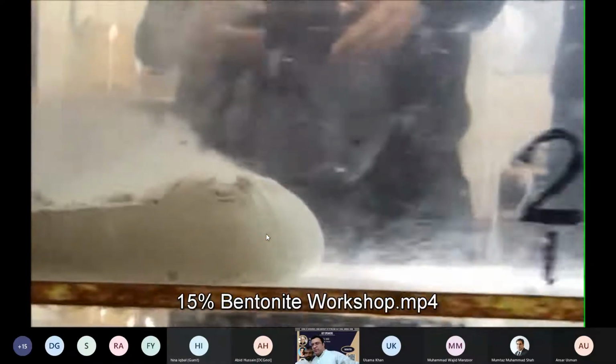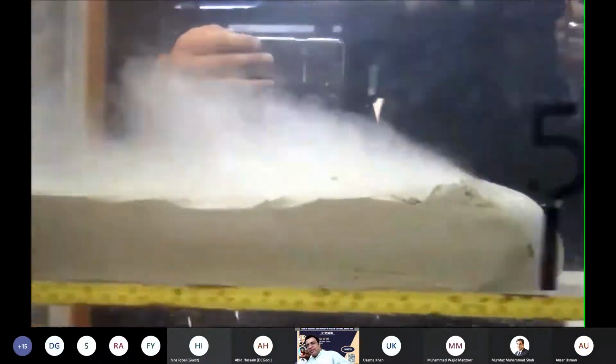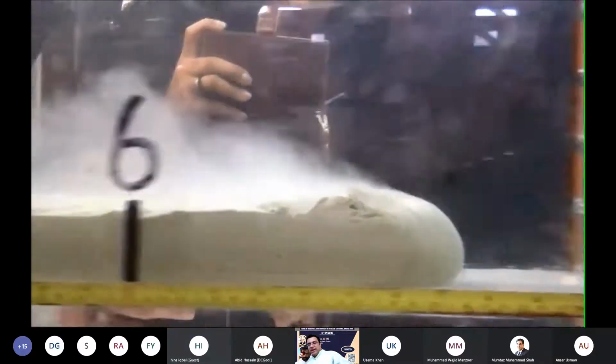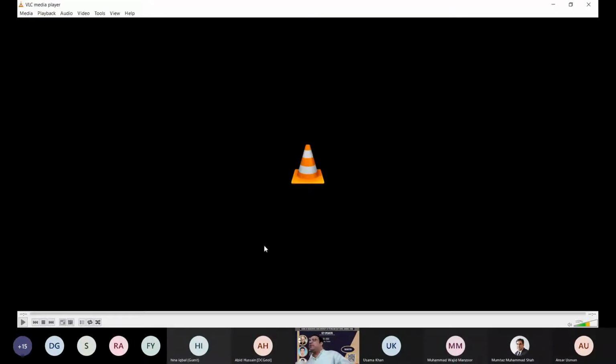So with 15% bentonite, it's fairly less mobile. There is a little bit of turbulence towards the top, and it covers almost half of the distance. The first was up to 14 feet, and now with the 2% increase of clay, there is little turbulence and the flow is much less mobile.